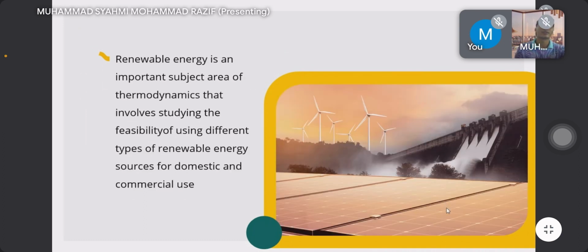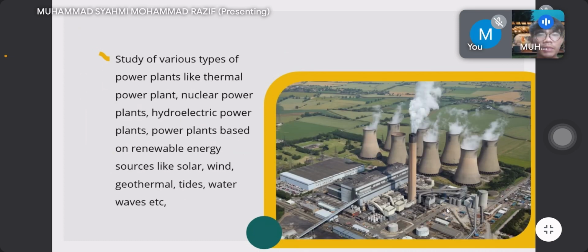Renewable energy is an important subject area of thermodynamics that involves studying the feasibility of using different types of renewable energy sources for domestic and commercial use. Study of various types of power plants like thermal, nuclear, and hydroelectric power plants is based on renewable energy sources like solar, wind, geothermal, tides, water, waves, and others.